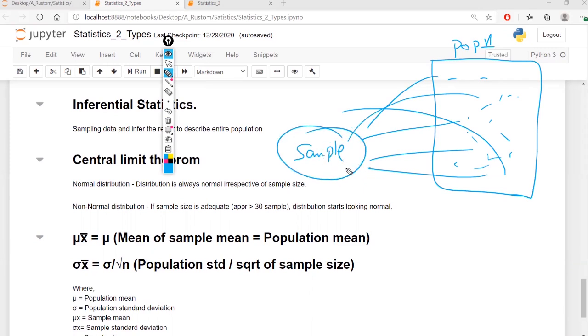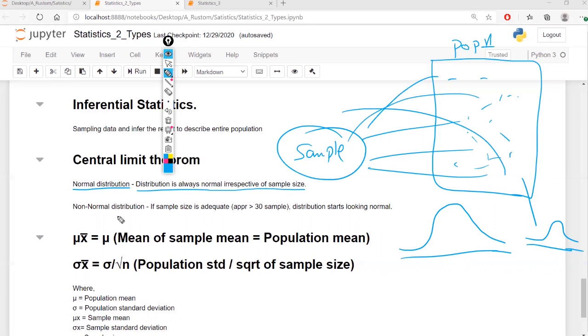You plot this sample data, and it still looks like a normal distribution, because my population is also normally distributed. A sample from a normally distributed population still looks normal. So a normal distribution is always normal irrespective of sample size.